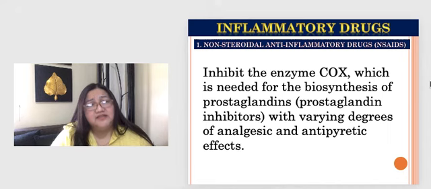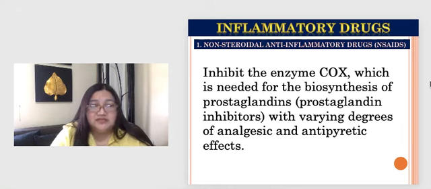NSAIDs inhibit the enzyme COX. COX is cyclooxygenase. It's an enzyme responsible for converting arachidonic acid to prostaglandins. Okay? Therefore, pag in-inhibit mo yung COX, ini-inhibit mo rin yung synthesis or biosynthesis ng prostaglandins. That's why sometimes we term them as prostaglandin inhibitors.